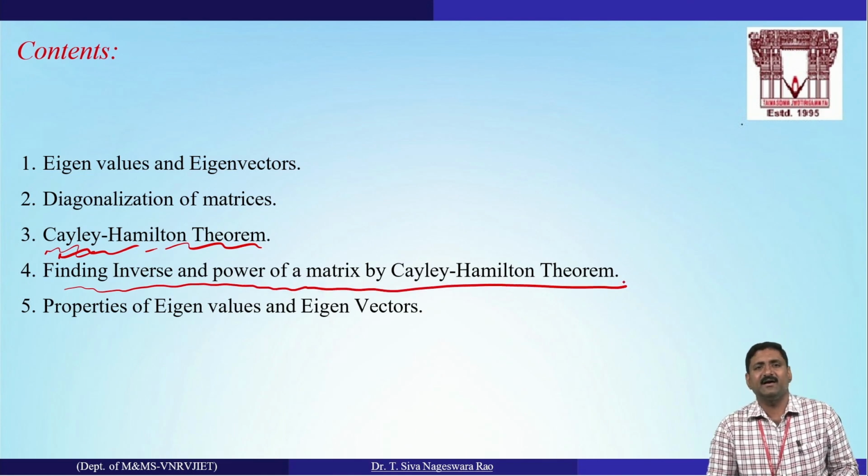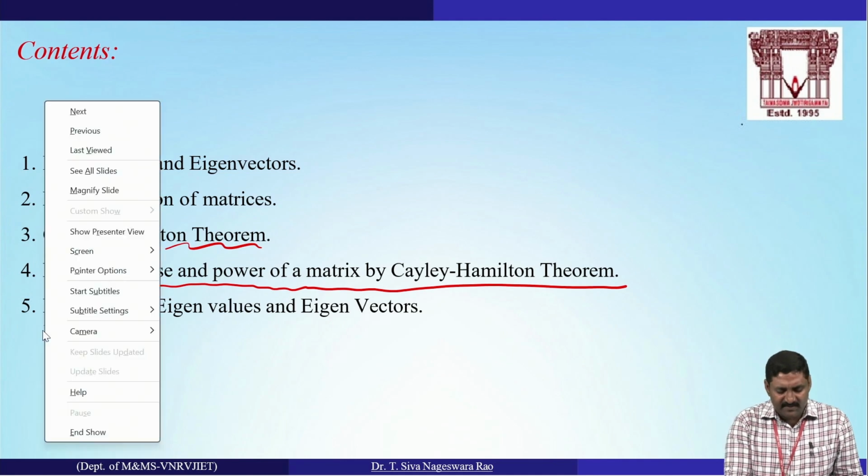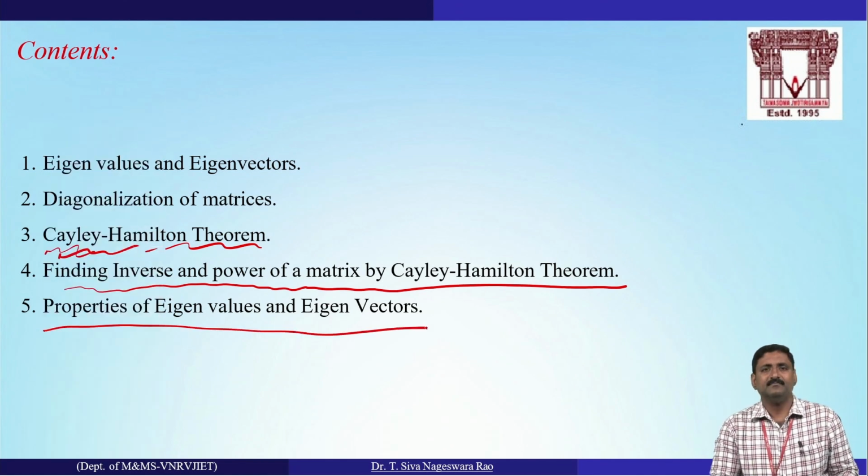It is useful to find the inverse of the given matrix if determinant is not equal to 0, and later we will discuss how to find powers of a matrix. By using the Cayley Hamilton theorem, we can find A power 4, A power 5, A power 6 and so on. So, I will discuss the Cayley Hamilton theorem and its applications. And one more topic is the properties of eigenvalues and eigenvectors. These are the topics I am going to discuss now.